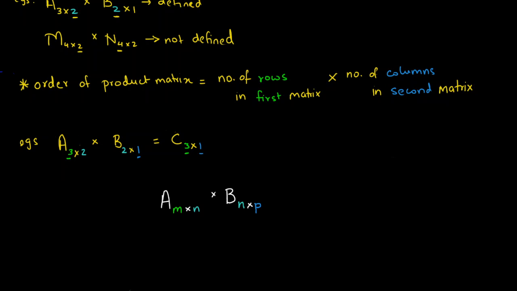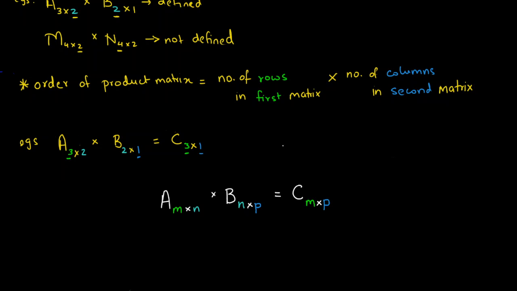After multiplication, suppose I get the resultant matrix as C. The order of matrix C will be the number of rows of the first, which is M, by the number of columns of the second, which is P.